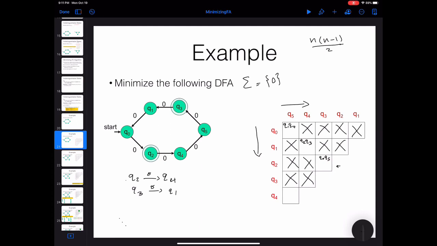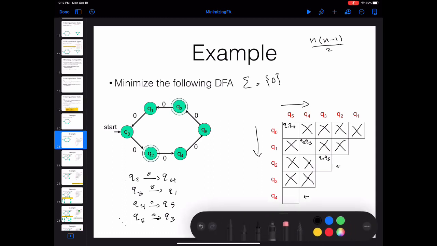The only cell that remains here is this one now, Q4 and Q5. Q4 over 0 is going to Q5, but Q5 over 0 is going to Q3. So the equivalency of this pair is going to depend on the pair Q5 and Q3.